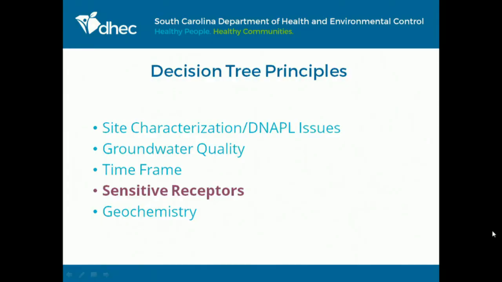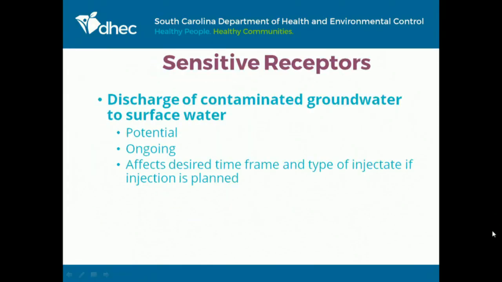So what is a sensitive receptor? I'm sure everyone in this room knows, but for the sake of the training, we have discharge of contaminated groundwater to surface water, which is one of the questions that Jim Bowman asked. What about that creek next to that site? Yes, that's a concern if there's contamination going there. And not only if it's ongoing, but if it's potential.